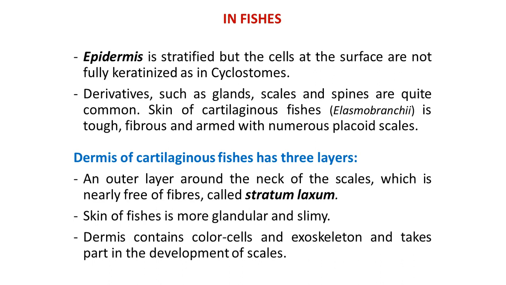The dermis of cartilaginous fishes has three layers. The outermost layer around the neck of the scales, which is nearly free of fibers, is called the stratum laxum. Skin of fishes is more glandular and slimy. Dermis contains color cells and exoskeleton and takes part in the development of scales.